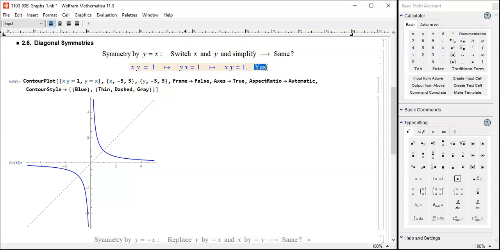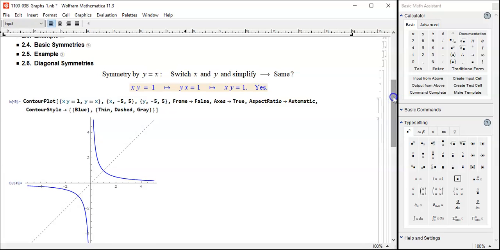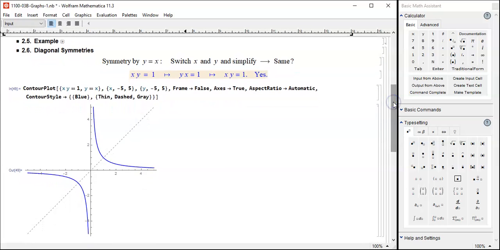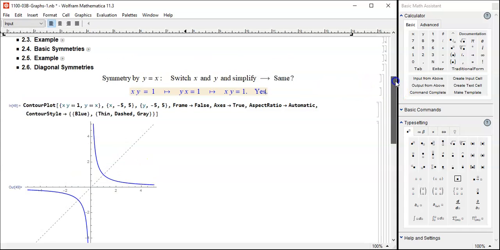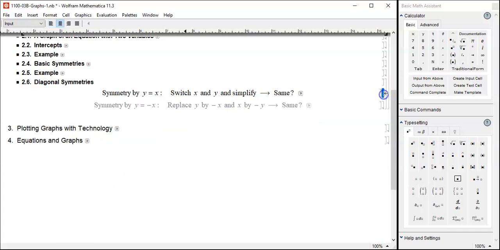Algebraically, switching x and y turned out to be the same thing because multiplication is just commutative. This is just one example. There are many examples. Those are diagonal symmetries. And by the way, if I do that, the x-axis goes to the y-axis, the y-axis goes to the x-axis. So basically, folding over means switching x and y values.